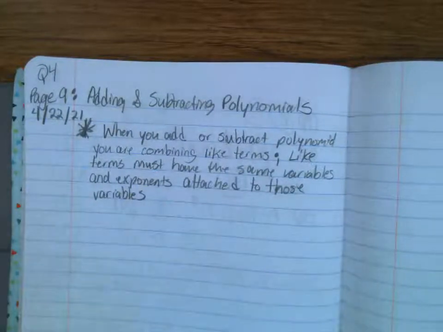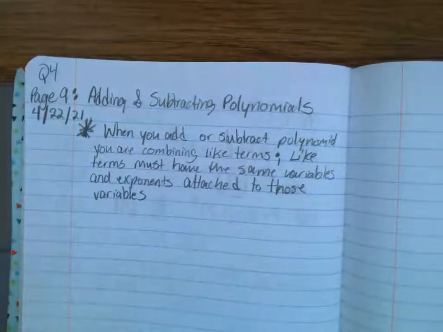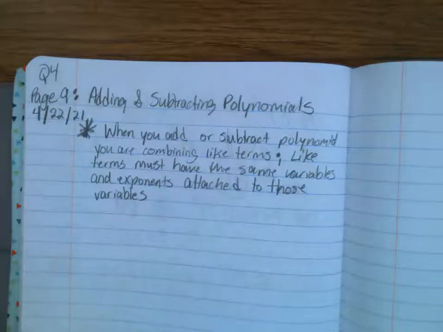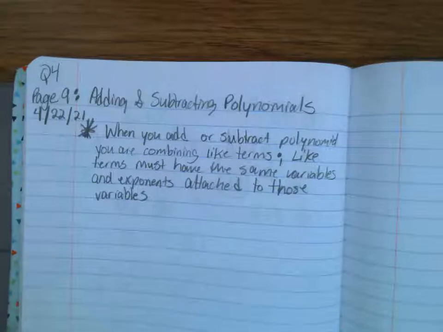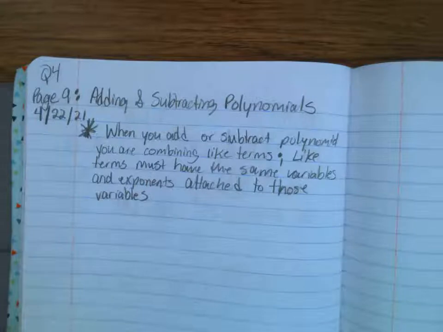That will make more sense as we go along. So not only do like terms have to have the same variables attached, but they also have to have the same exponent attached to those variables in order for them to be like terms.